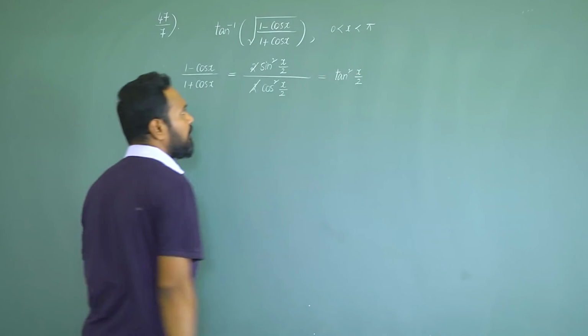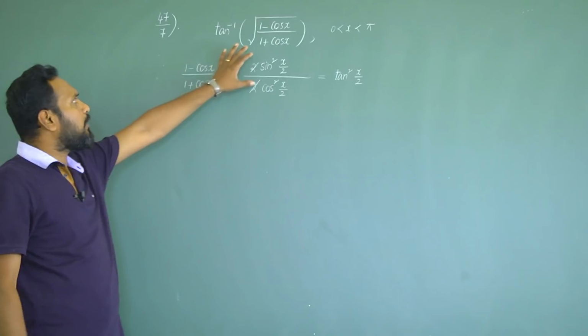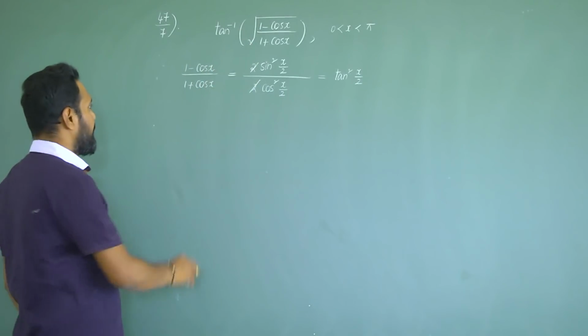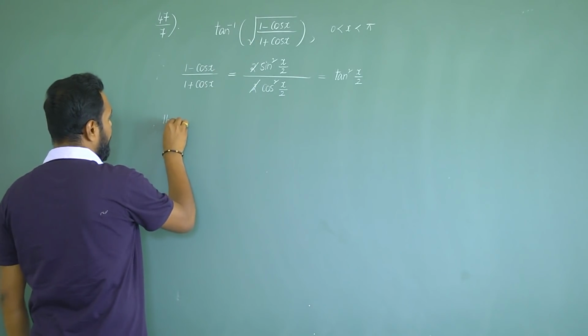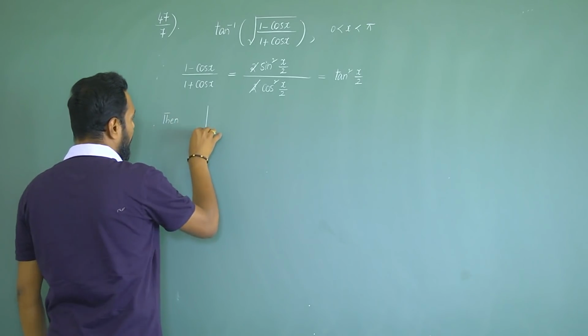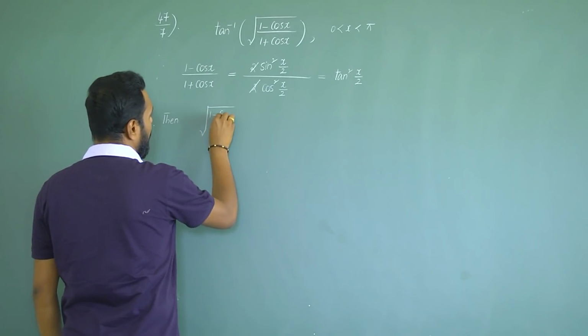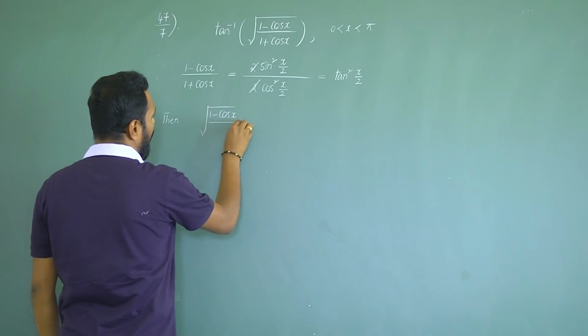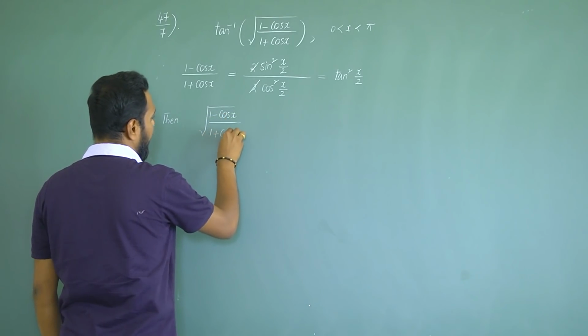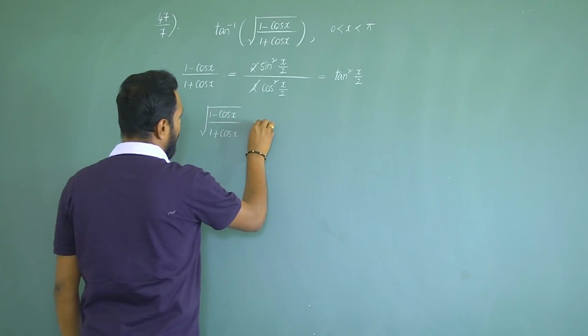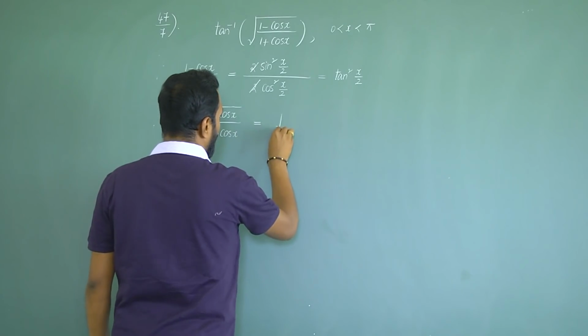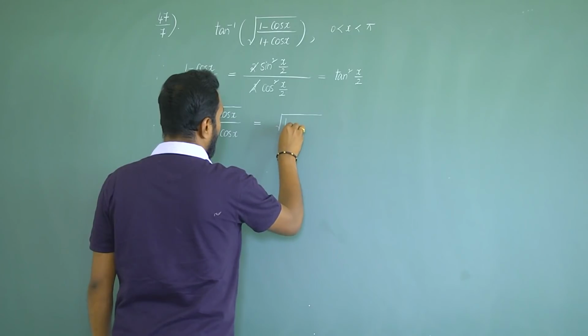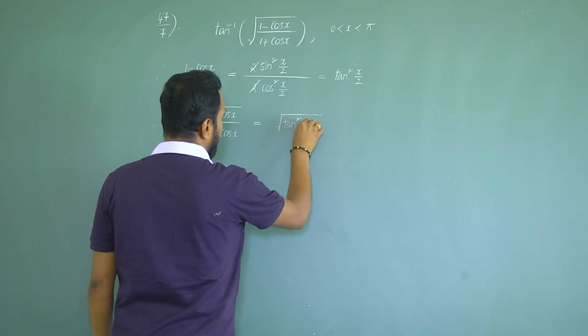I need to calculate the square root of this function. Then square root of 1 minus cos x by 1 plus cos x equals square root of tan square x by 2.